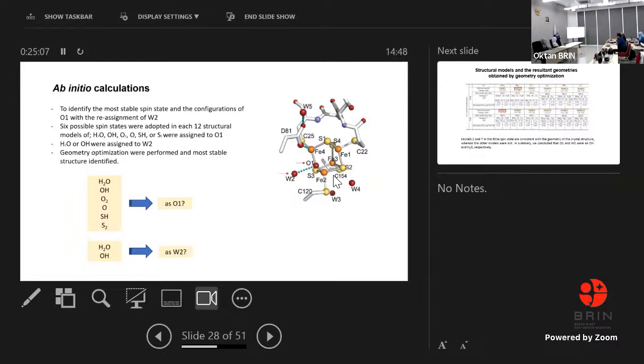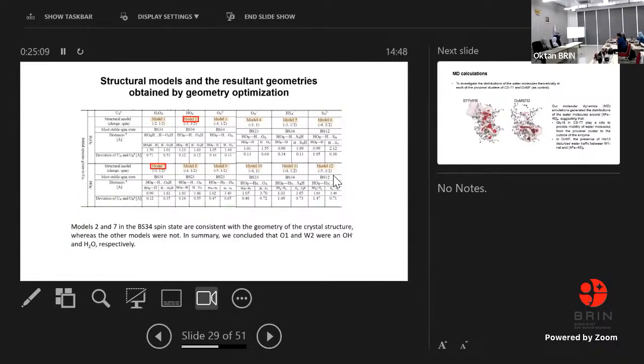Okay, so the next one. We come up with 12 models from the calculation, and we find that model 2 and model 7 have the smallest values of the standard deviations compared to other models.